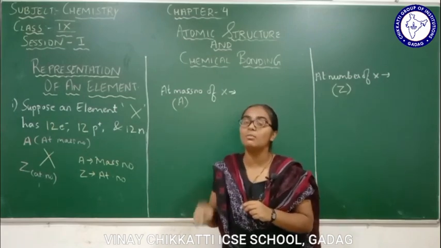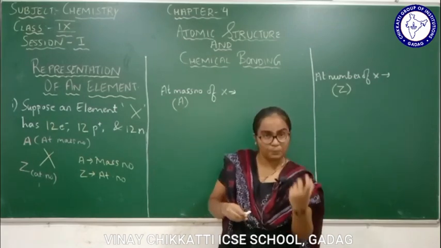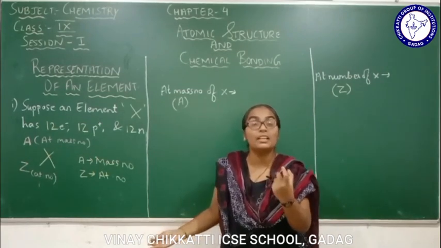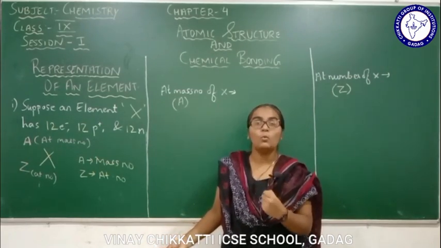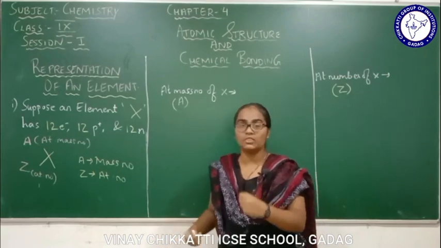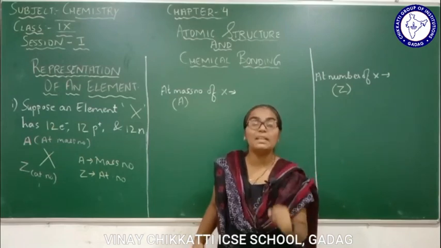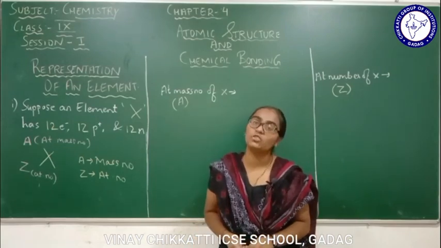I am using the word or, meaning either the number of protons or the number of electrons. It's nothing but the atomic number, right? So why do we take protons or electrons for the atomic number? Because the number of protons will be exactly equal to the number of electrons in an atom.